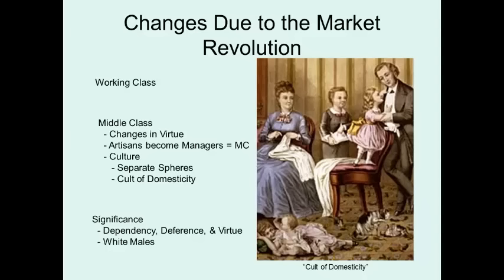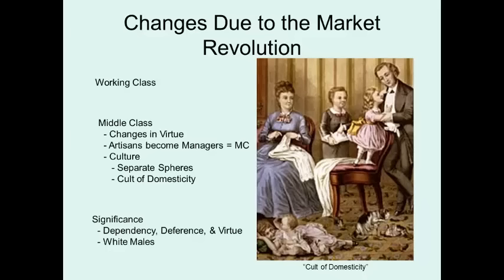One of the most important ideas here is the idea of separate spheres. The idea of separate spheres said that there was basically two bubbles, right? Two spheres, and never shall those two bubbles meet. So there was the public sphere. The public sphere was characterized as masculine.